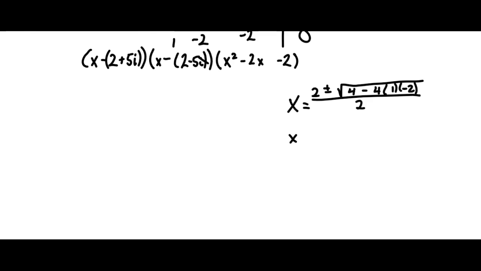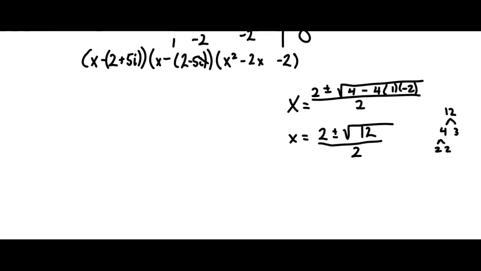So x equals 2 plus or minus the square root of 4 minus what amounts to be negative 8. So 4 minus negative 8 is 4 plus 8, which is 12, over 2. 12 breaks down into factors of 4 and 3. 4 is 2 times 2.